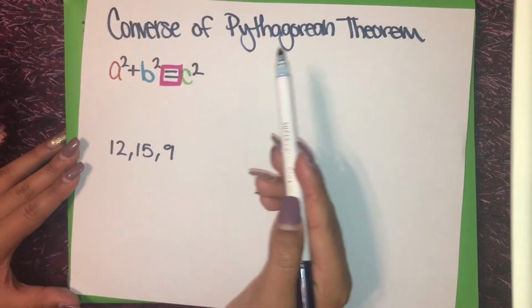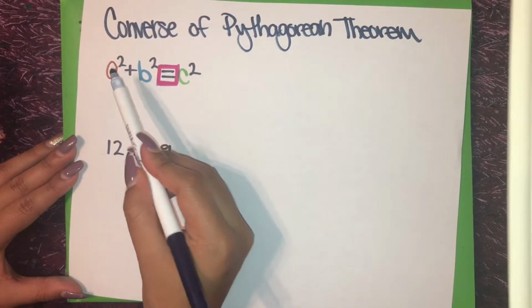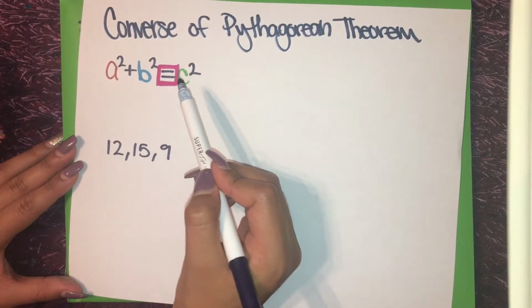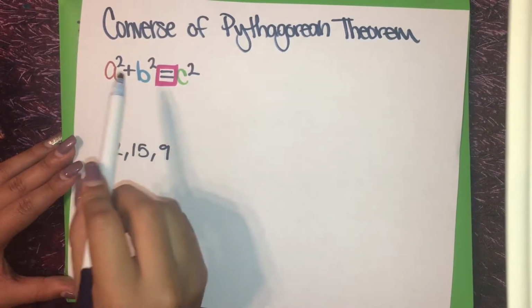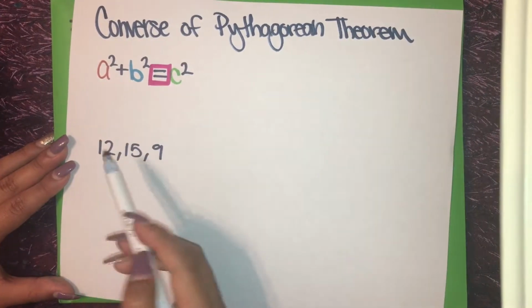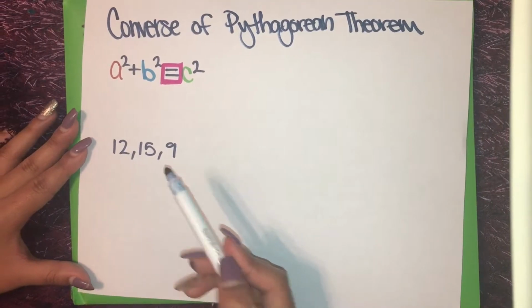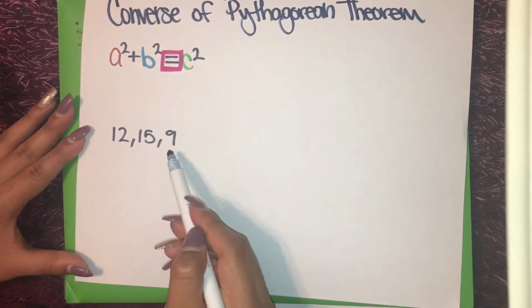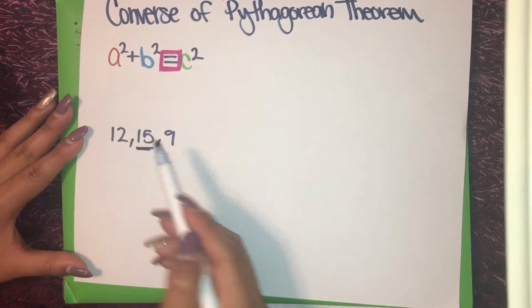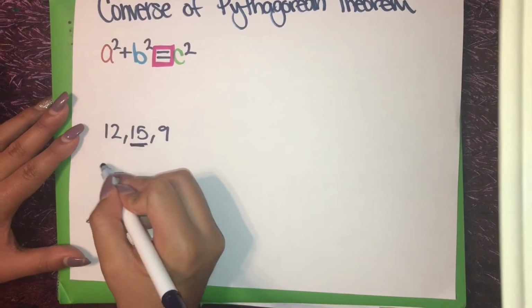Now I'll be learning about the converse of the Pythagorean Theorem. This is proving that the side lengths do make a right triangle, meaning that a squared plus b squared does and will equal c squared. Let's try 12, 15, and 9 as our side measurements. First, you would identify the largest side, being 15, and put it as c.